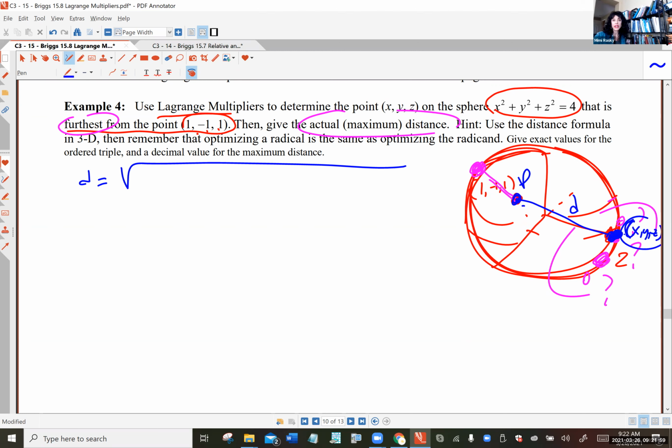But I do know the point P coordinates, 1, -1, and 1. So using the formula for distance between 2 points in space, I'll have the square root of x minus 1 squared plus y plus 1 squared plus z minus 1 squared. So you're going to need to optimize this.